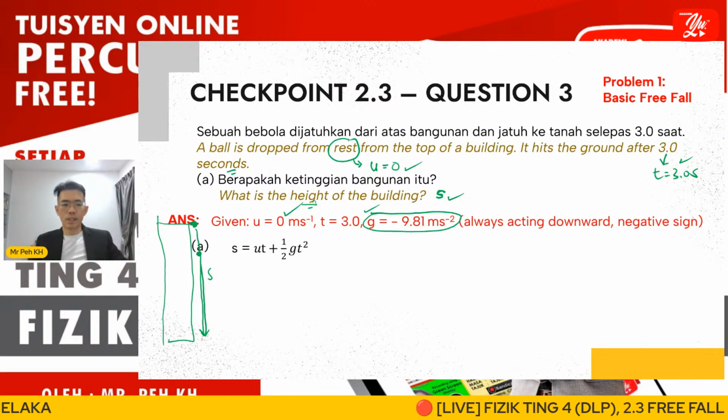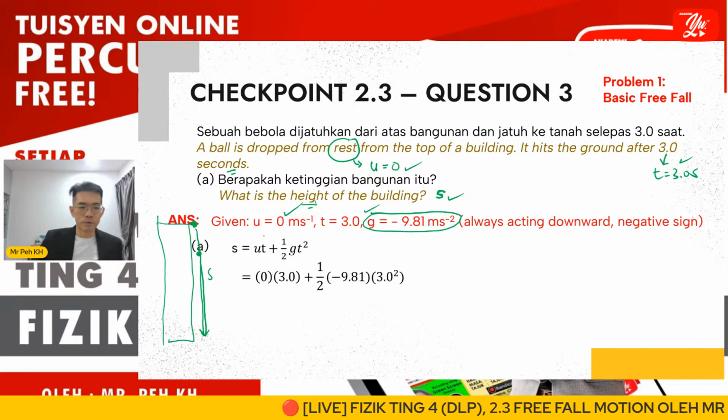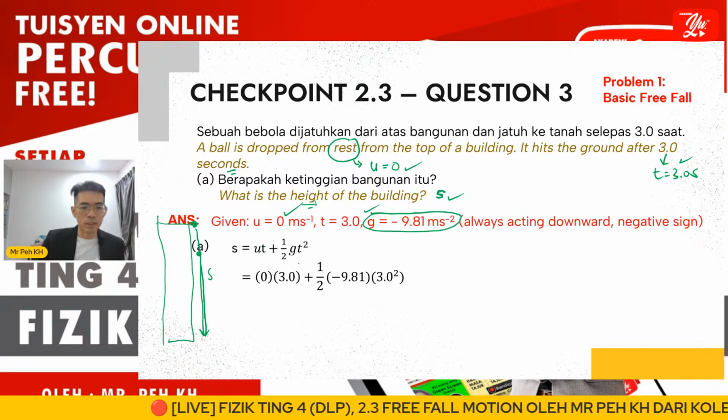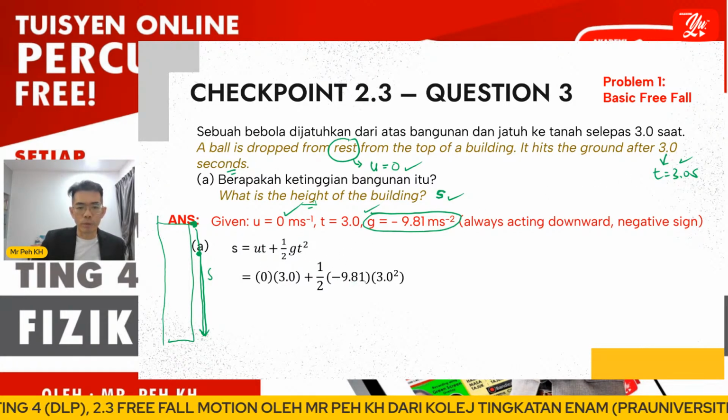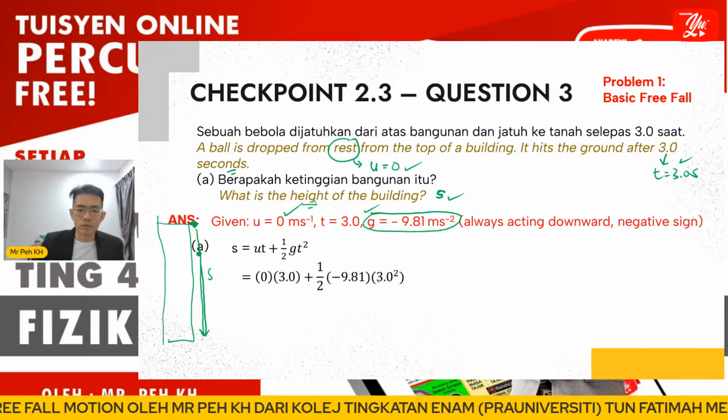You substitute u as 0, t as 3.0, then g as negative 9.81, and t again 3 squared.